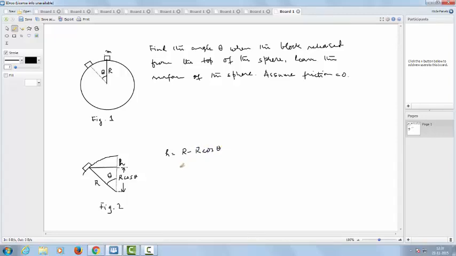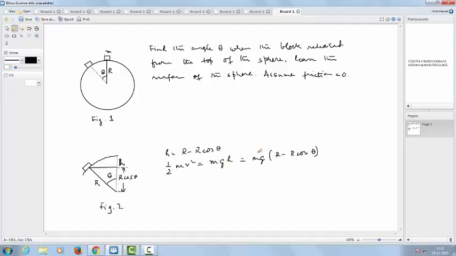Now we can equate the loss of potential energy equal to the gain in kinetic energy. So we can write a half mv square equal to m into g into h, where v is the velocity at this point of the block, and this is equal to m into g into r minus r cosine theta.